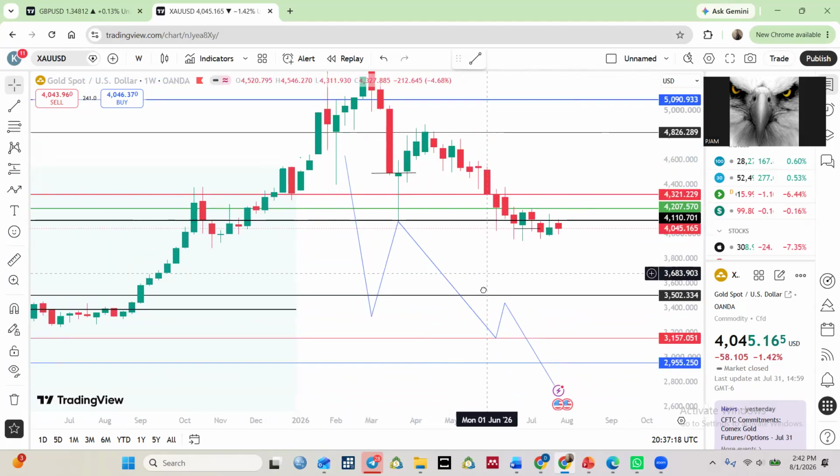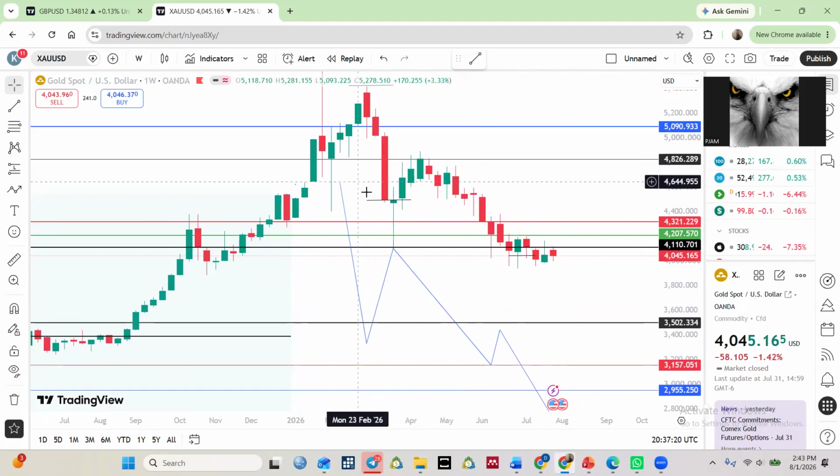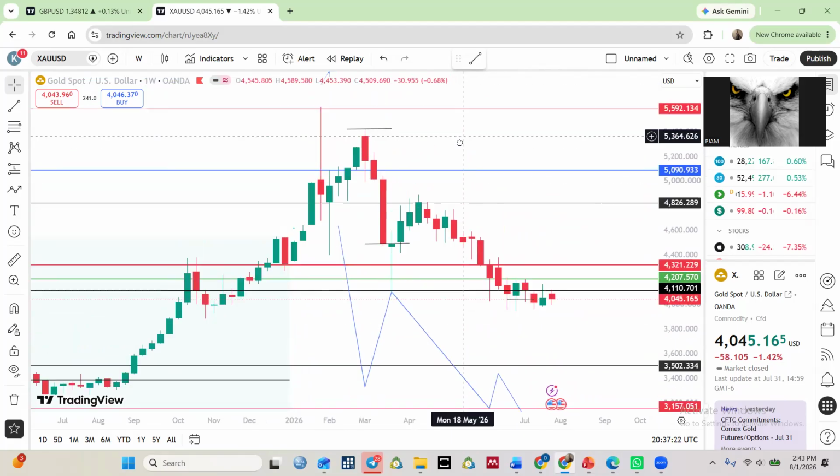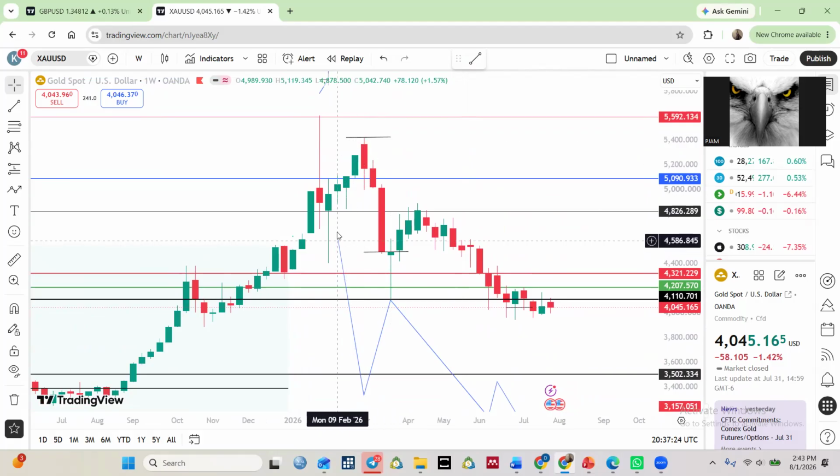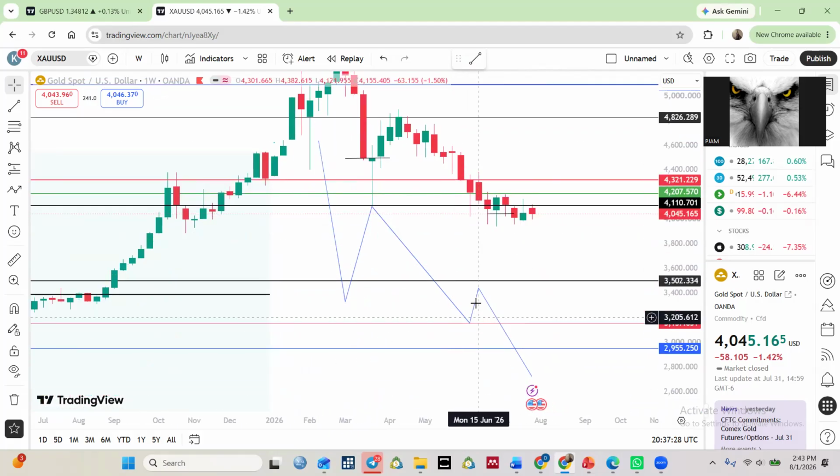So now, even from the weekly time frame, we can see that this market has made for us lower low, lower high, lower low, lower high. So right now that the market has come here, should we expect a new lower low? That's the question right now. Is it going to give us a new lower low or not?